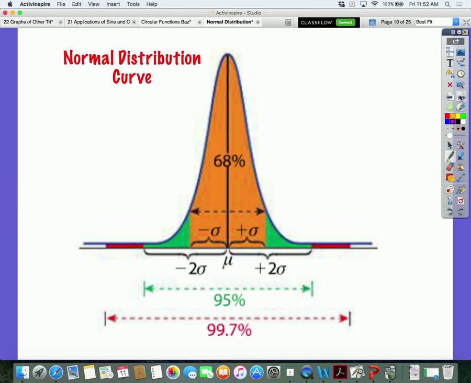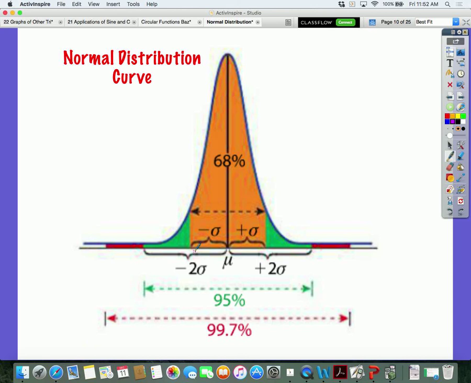Let's look at an example. Here's a normal distribution curve, okay? It is broken down roughly into 3 areas. Of course, you have your mean that splits this bell curve symmetrically in half, and everything is symmetric on either side. You have your mean, and then you have one standard deviation that you see in the orange.